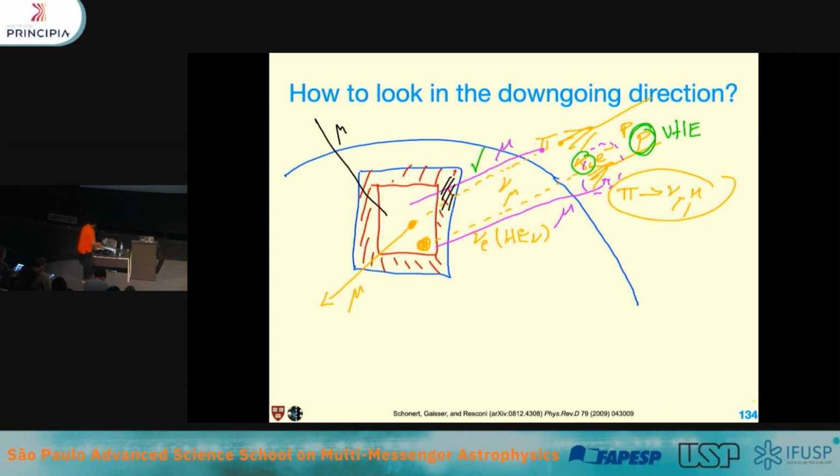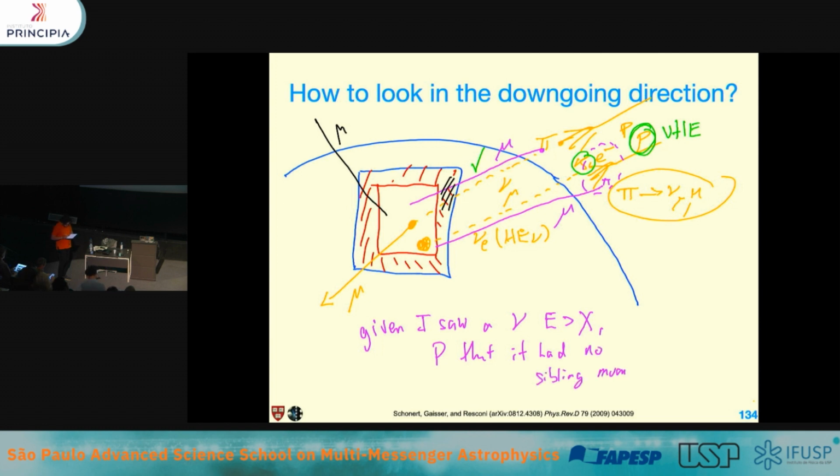So what you need to do is answer the question: given that I saw a neutrino of energy greater than some value, what's the probability that it had no sibling muons? Okay? So how likely is it that this happens?